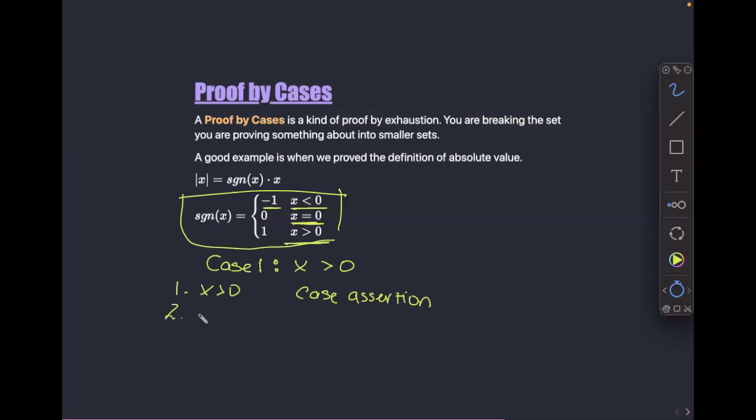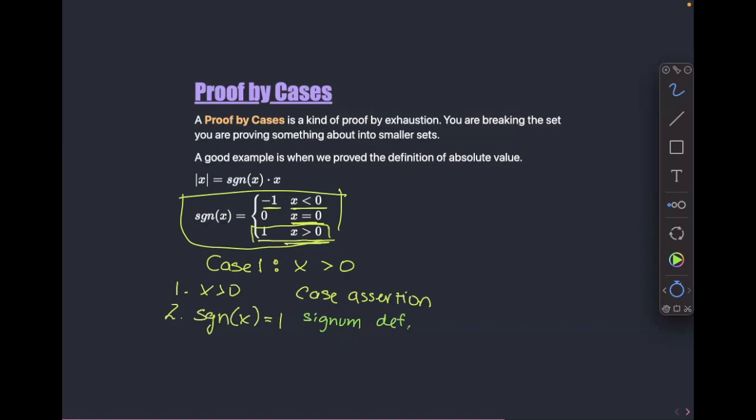Then I can say that the signum of x is going to be 1 because it's right there in the definition, so signum definition.